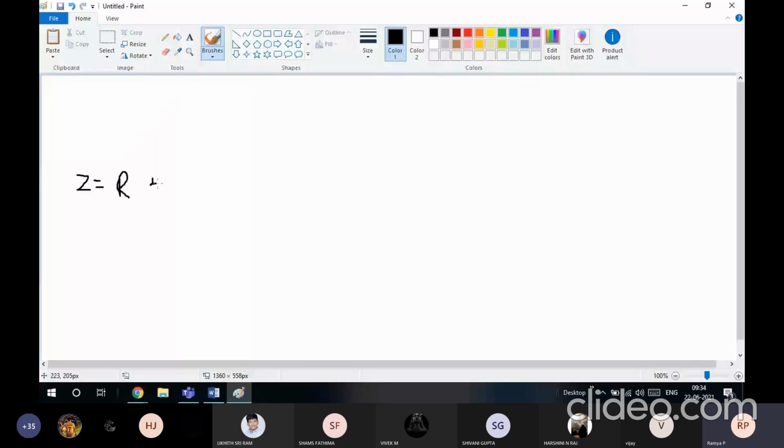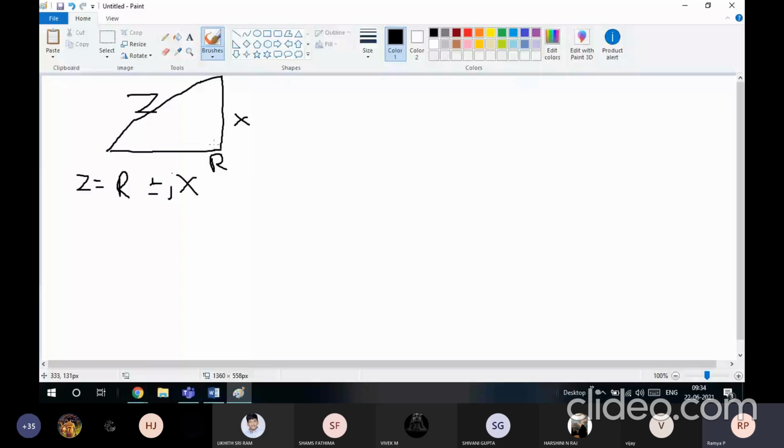So whenever I want to write the impedance triangle, my X component will be R, and the Y component will be X. When I take the hypotenuse of both, it will be Z. So the impedance triangle consists of R, X, and Z. This X can be XL or XC.